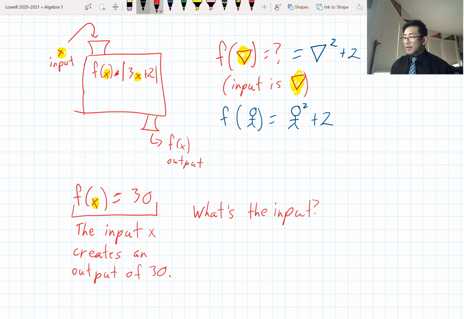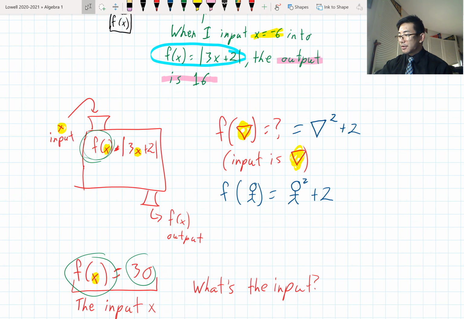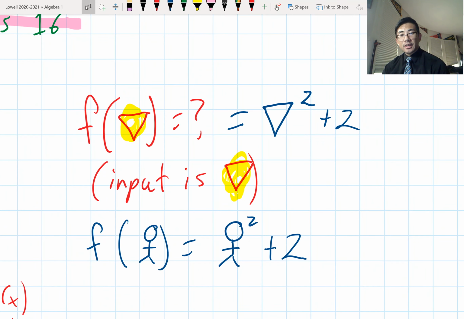So what was the input? Well, let's see. Since this is the output, but we know how the function machine works, what we're essentially doing is substituting this f of x right here with 30. Because like we said before, when the input is upside down triangle, it just means upside down triangle squared plus 2. When the input is stick person, the output is stick person squared plus 2.